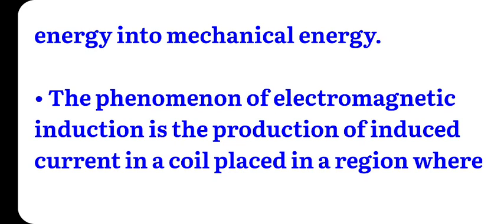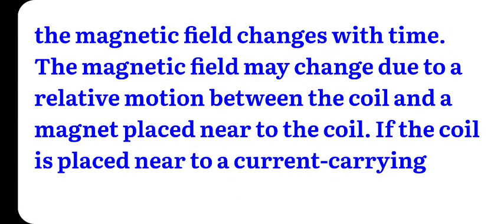The phenomenon of electromagnetic induction is the production of induced current in a coil placed in a region where the magnetic field changes with time. The magnetic field may change due to relative motion between the coil and a magnet placed near the coil.